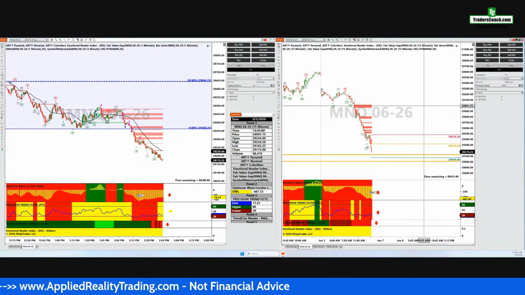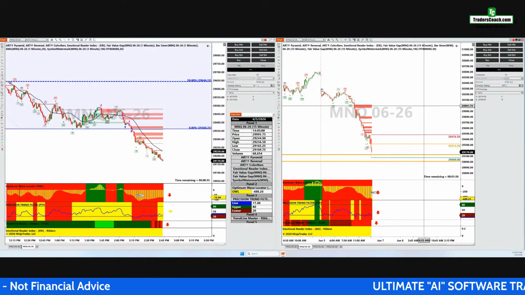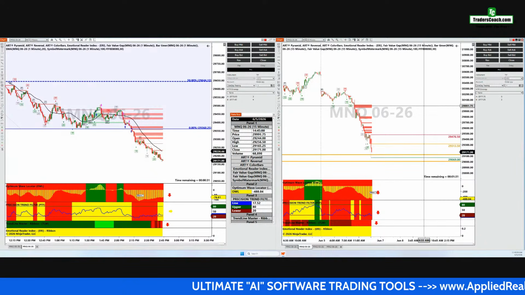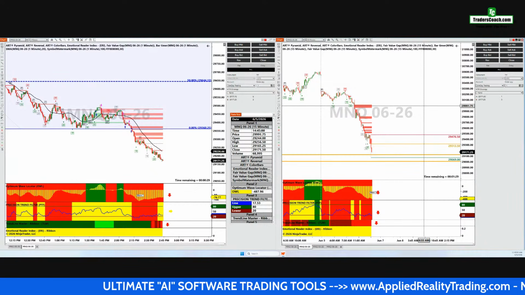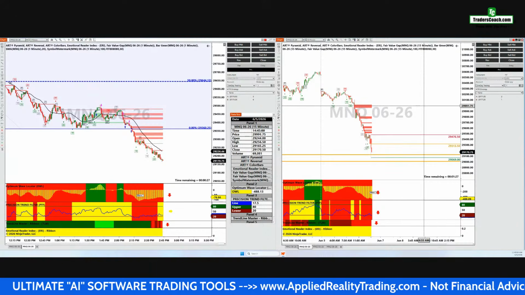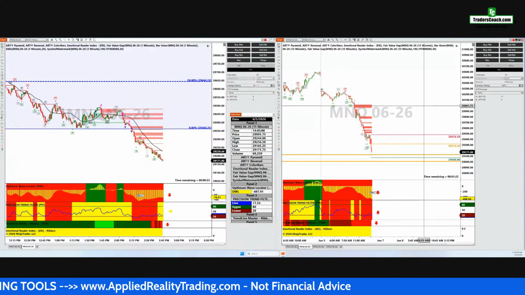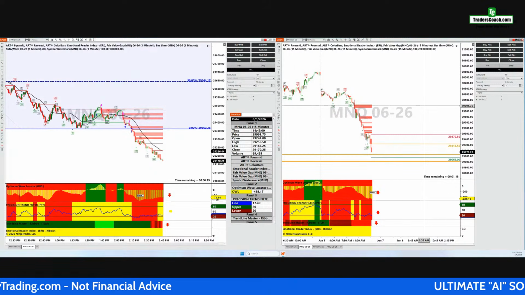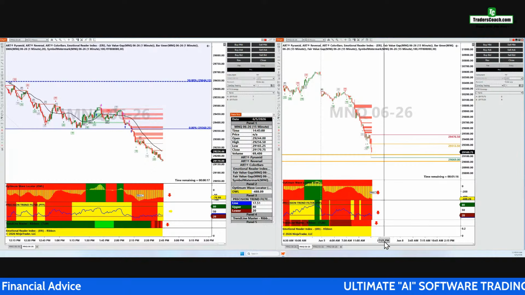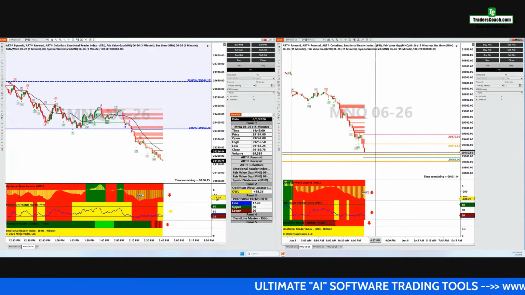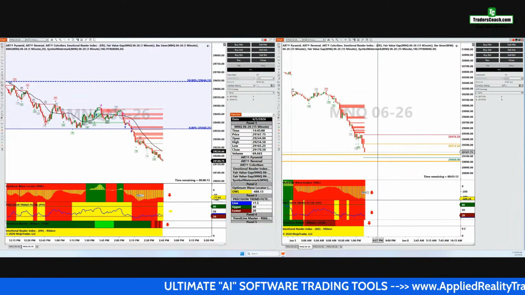I think when one of these equities is done here to the downside, we may see an incredible move up towards the end of the day here. We're coming up on the 10 minutes to the hour, so usually that is a dramatic time. Look at this, we're going right down there right now.